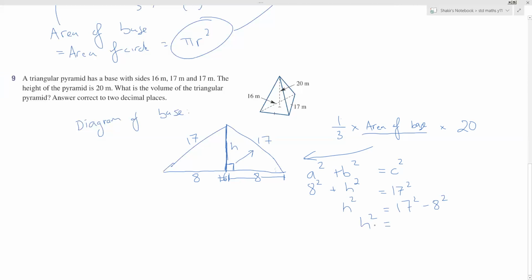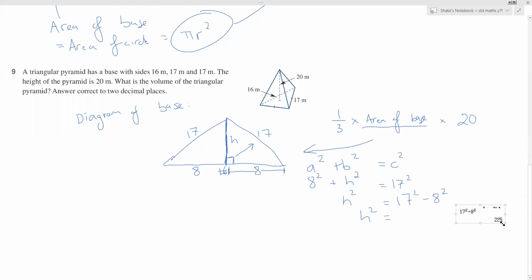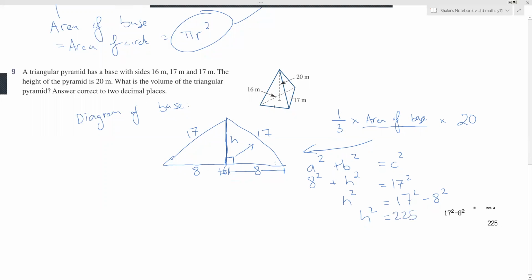Using a calculator, what is 17 squared minus 8 squared? It gives me 225. I will just capture the screen, in case anyone wonders where I got that from. So h squared is 225, and therefore h is going to equal the square root.